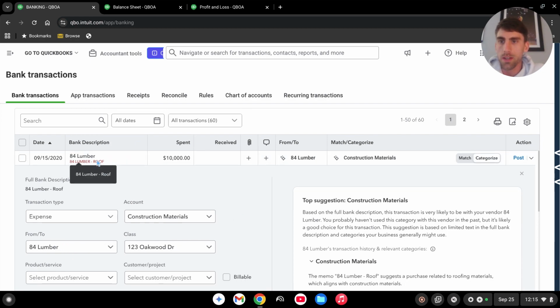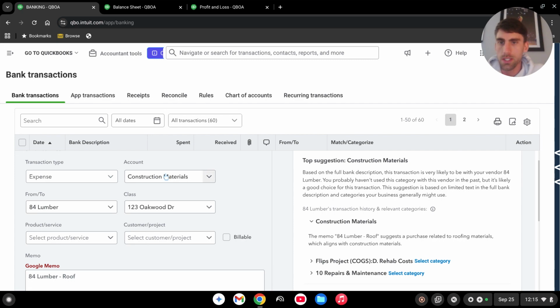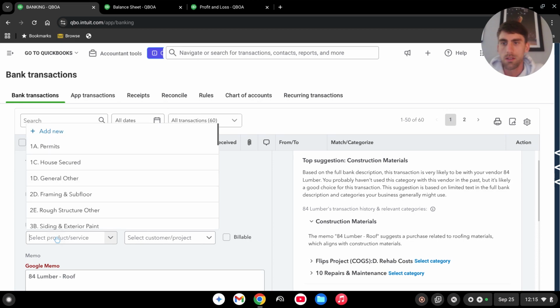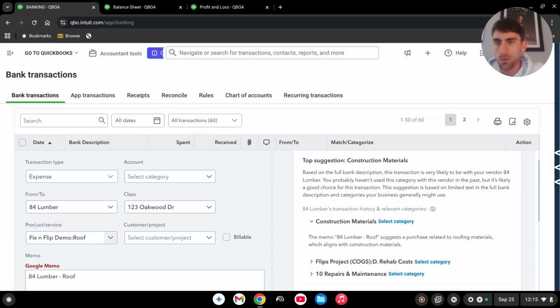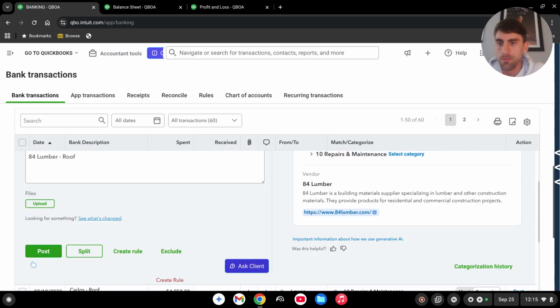So we'll say we have some materials for the roof for $10,000. We'll ignore the account here. We have our vendor, 84 Lumber, our class. We know this is for the roof, so we're going to put that in the product and service. Make sure our project is in here.